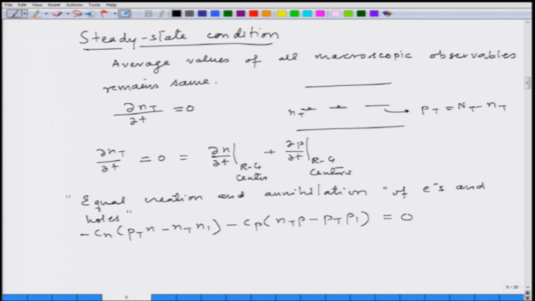Basically, I am trying to get an expression in terms of n_t. So, n_t is here, I can take that out.